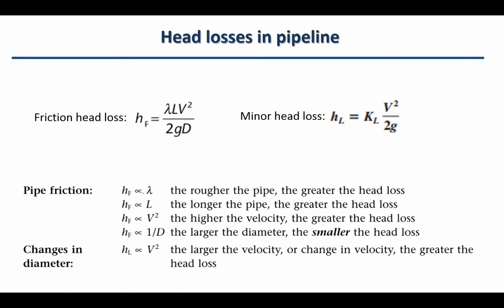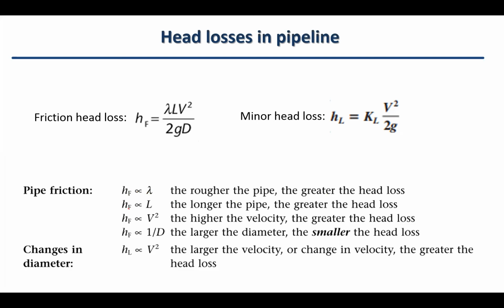You can see here the lambda, the pipe roughness coefficient, has a direct relationship with the HF. So if you have a rougher pipe, we have a greater value for the pipe roughness coefficient, and hence we experience a greater head loss.